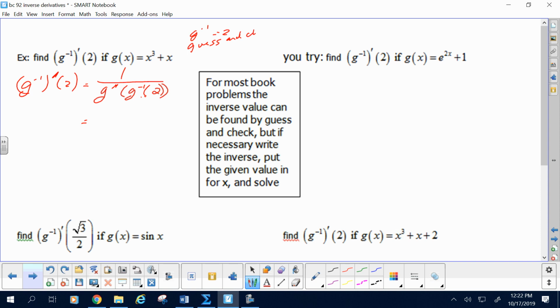Most books focus on easy to solve stuff. When I say G inverse at 2, in terms of the original function, where would the 2 go? In the x or the y?